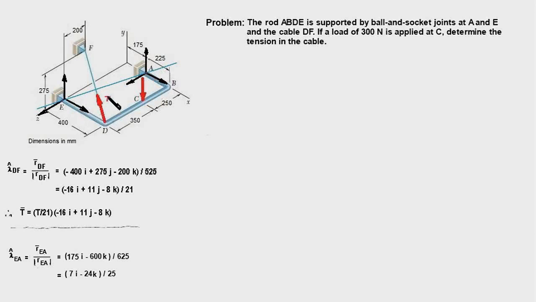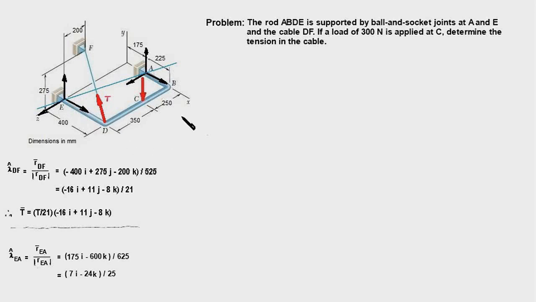So it makes sense to compute the moment of all the forces about an axis, this blue colored axis which passes through points A and E, so that these black colored reaction forces at E and A would get eliminated from our moment equation, and our moment equation then will have a single unknown T, and we'll be able to compute the value very quickly. This is an important point.